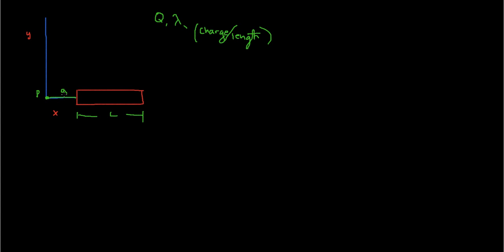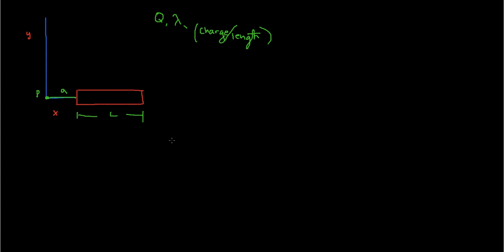And now what we need to do is pick an infinitely small subsection of L to evaluate the electric field on P. The reason why we do this is the entire charged rod is providing an electric field on point P. However, due to the fact that the distance is varying, this point right here is going to be giving P a stronger electric field than here, than here, than here.